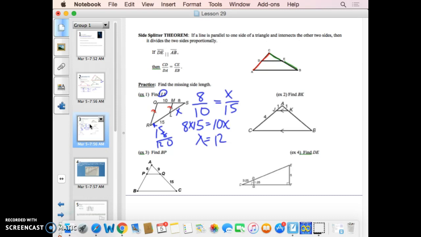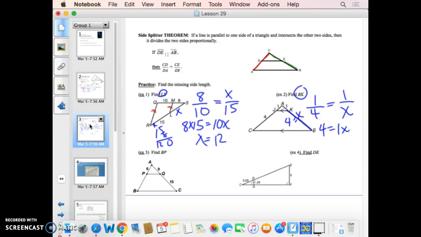All right, over here we're going to do short side over long side. So 1 over 4, and I'm looking for BK, which is this side right here, so I'll call that x, is equal to 1 over x. Well, 4 equals 1x. So in this case, x is going to equal 4.